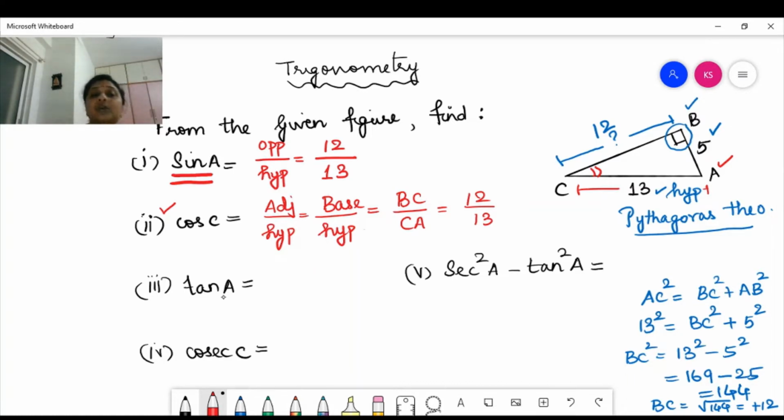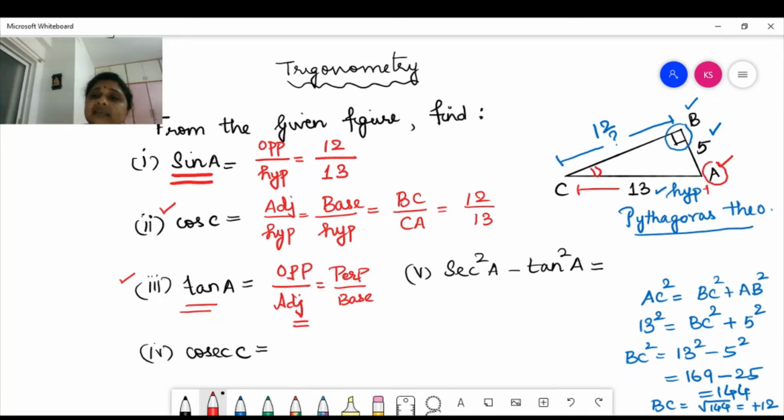Okay. So now let's move on to the third subdivision. That is nothing but your tan of A. Tan of an angle is nothing but the ratio between the side that's opposite to it divided by the adjacent side, right? That is the perpendicular by the base. So where is the angle first?